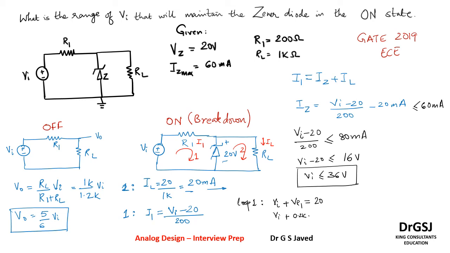When no current flows through the Zener in this particular case, it will be whatever the load current is, about 0.2k times 20 milliampere.